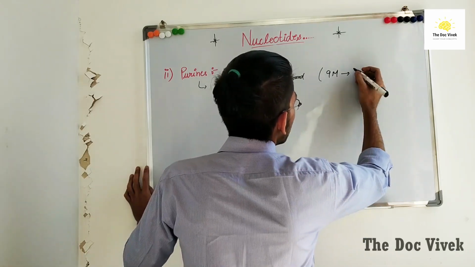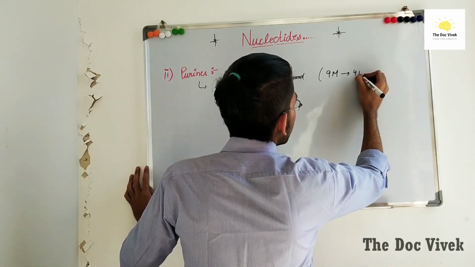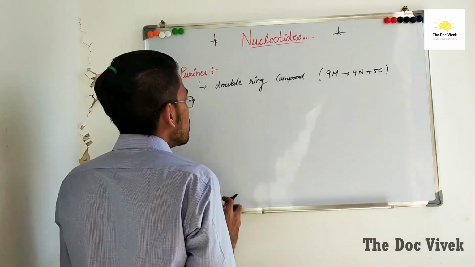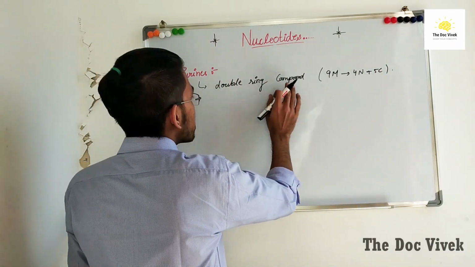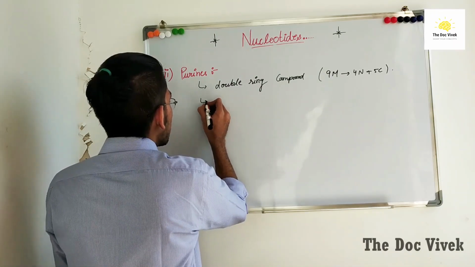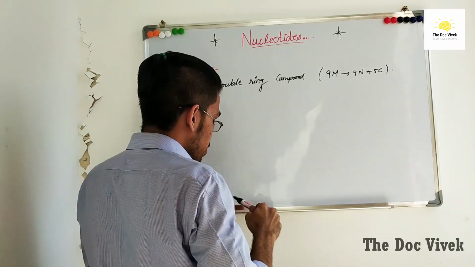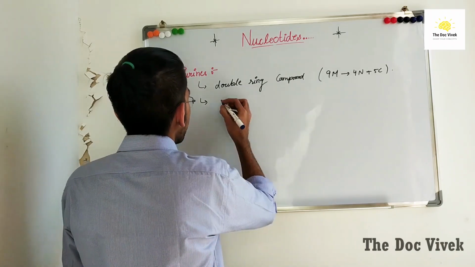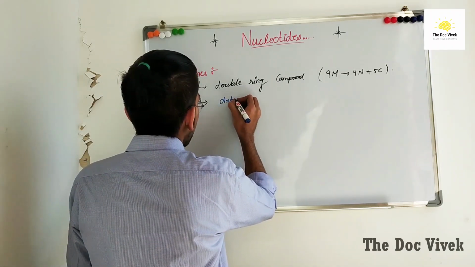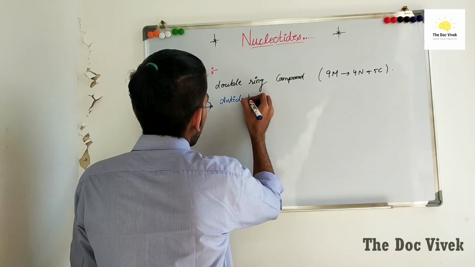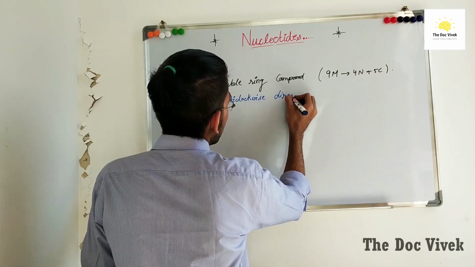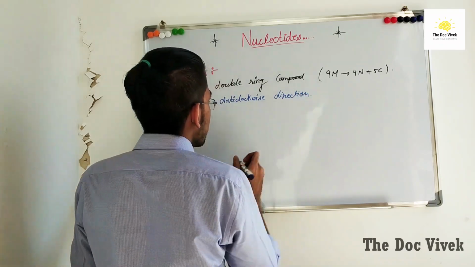From these, 4 will be nitrogen and 5 will be carbon. Okay, so double ring compound, and when we do the numbering of purines, the numbering will be done in anti-clockwise direction.